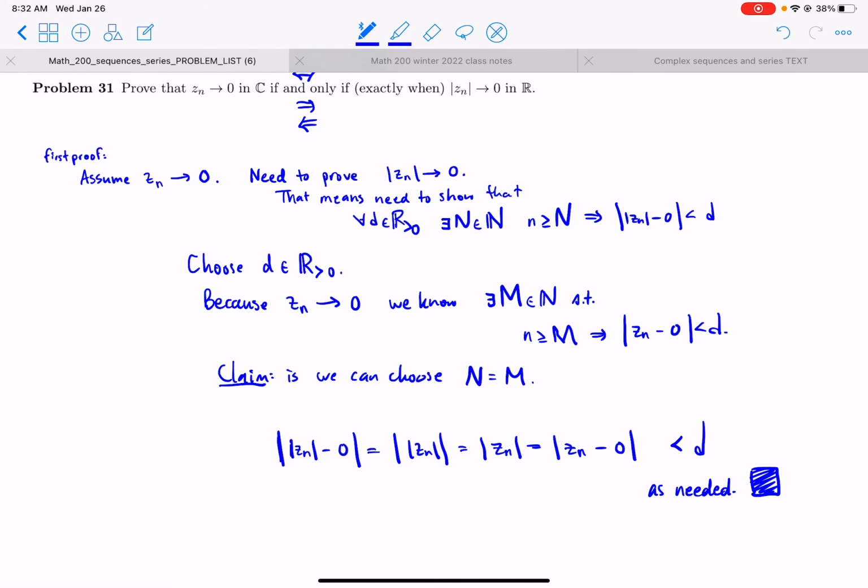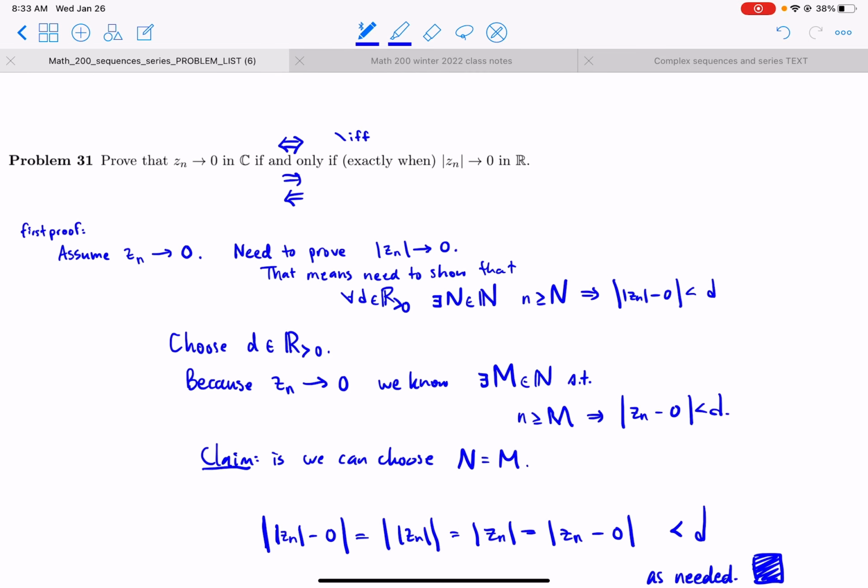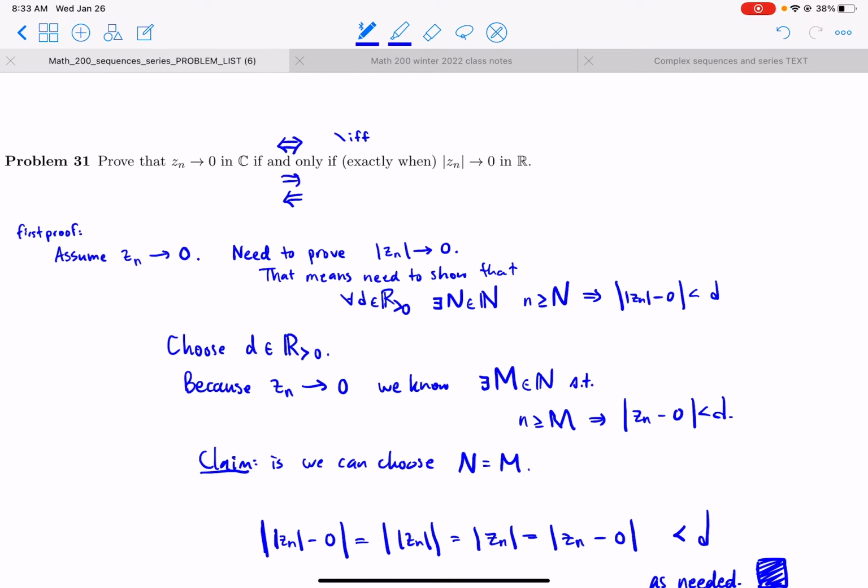Okay. This was a very careful proof of one of the directions. I am now done with this direction. I still have to prove this direction where I assume this thing and then show that this thing must be true.